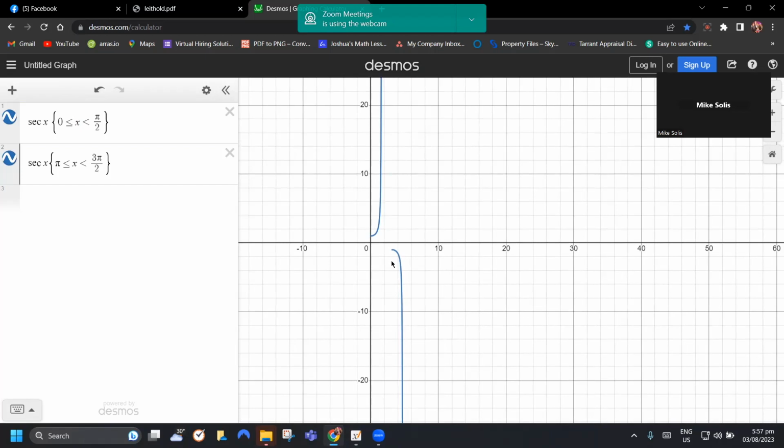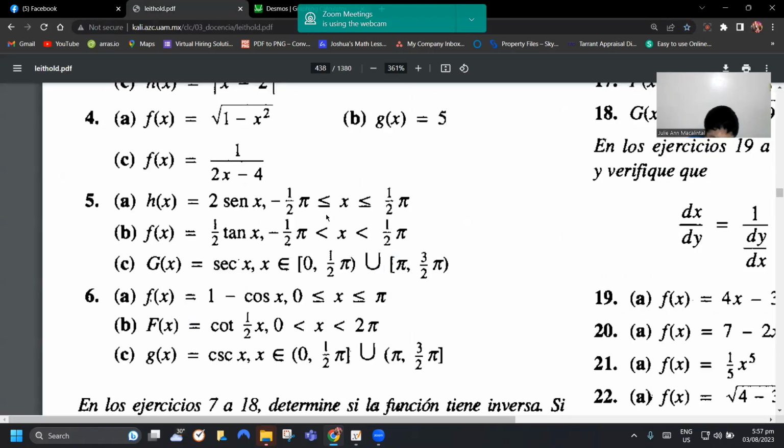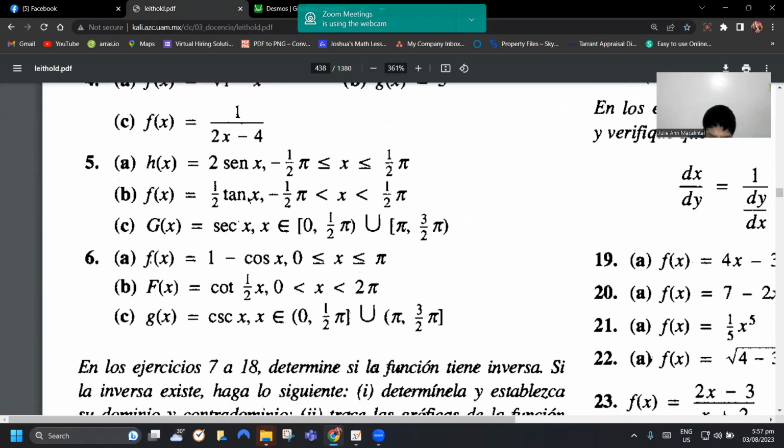Ngayon, tingnan natin yung number 6. Letter A. F of x is 1 minus cosine x between 0 and pi. Nagawa natin yan eh, di ba?